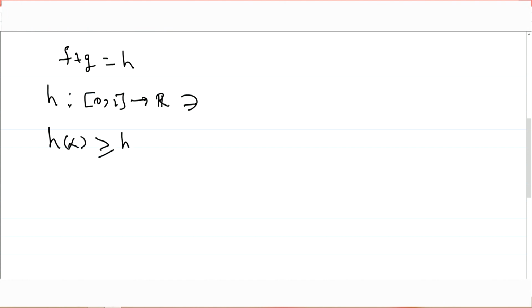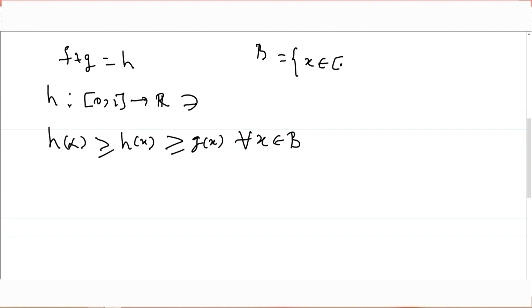And so, h is a function from 0, 1 to R such that h of alpha is greater than or equal to h of x, and that will be greater than or equal to g of x for every x in B. You recall this set B. What is this set B? B is the set of all x in 0, 1 such that f of x is greater than or equal to 0.